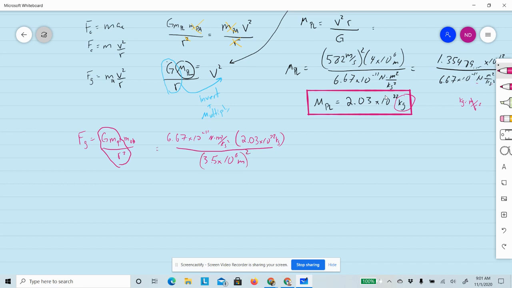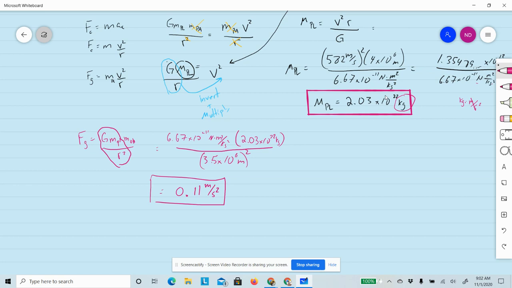You do this arithmetic: 6.67 E negative 11 times 2.03 E 22, divided by 3.5 E 6 squared. All of that, oh my goodness, it's like nothing. 0.11 meters per second squared. Ha.